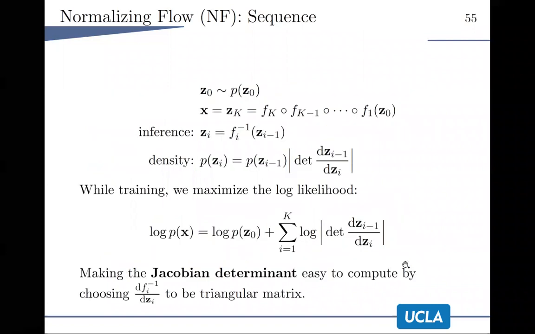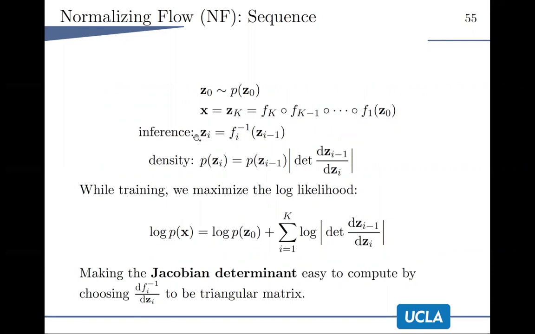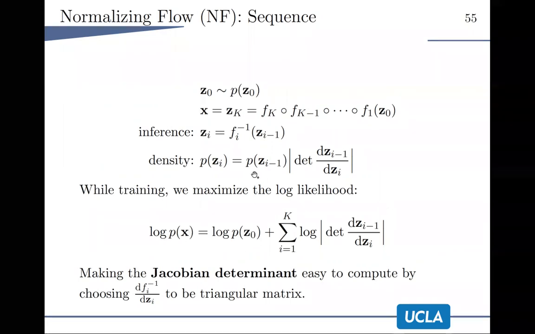And if we have multiple steps of transformation, instead of just transforming z into x, we can have x being the final output of z. Z could have K transformations concatenated together, and finally the density is like this.